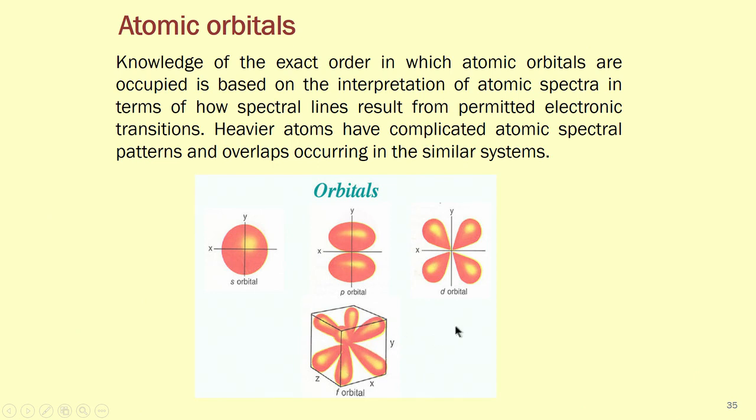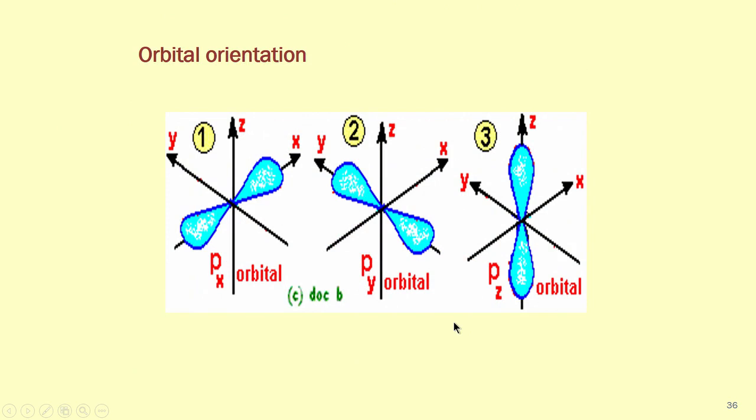So, the atomic orbitals are always like this, but their orientation would be something like this. This is px, this is py and pz, because the orbitals would be in the plane, in the vertical space, etc., and there are 3 p orbitals.